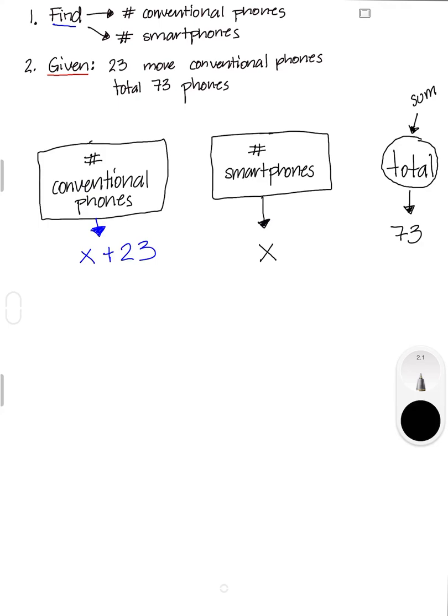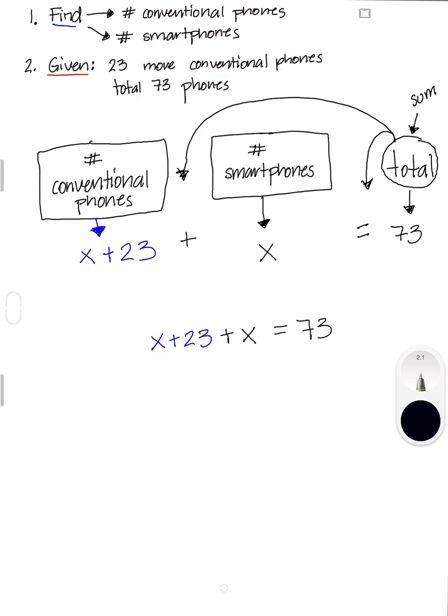That total brings us to add both numbers of the different types of phones, and then that's going to be equal. If I put all of this together, we end up having x plus 23 plus x equals 73.